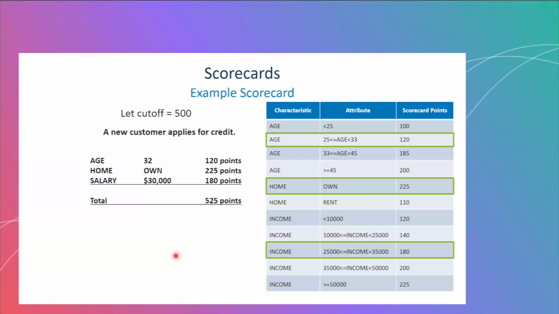And then what comes out is a point system. A characteristic is a variable in a data set, or demographic information, or any other information that we collect of a customer. The attribute would be a certain value of that characteristic at which you would like to have a threshold or a cutoff value, or define the boundaries.